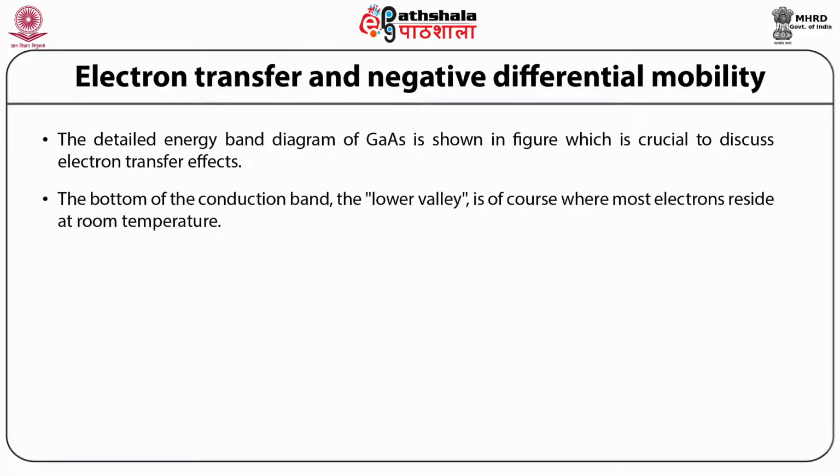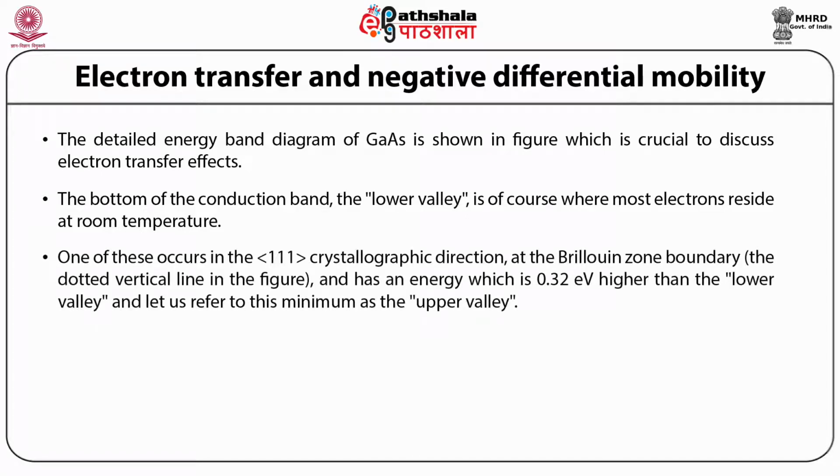The bottom of the conduction band, that is the lower valley, is of course where most electrons reside at room temperature. The conduction band has two other types of minima or valleys, however. One of these occurs in the 111 crystallographic direction at the Brillouin zone boundary, indicated by the dotted vertical line, and has an energy 0.32 electron volt higher than the lower valley. Let us refer to this minimum as the upper valley.